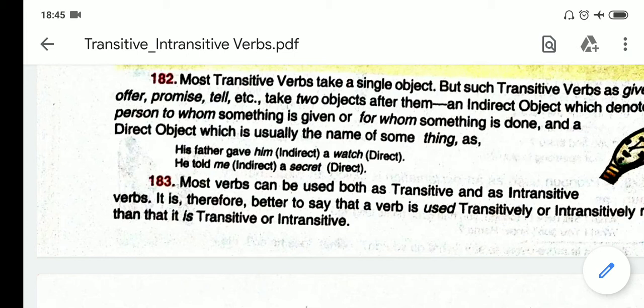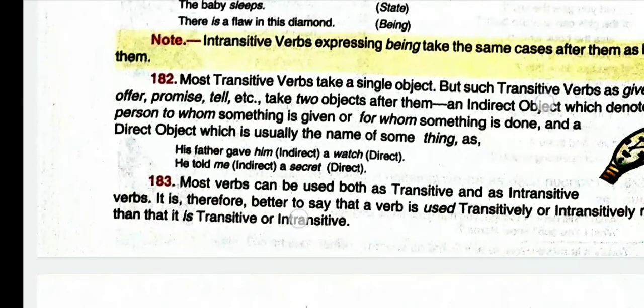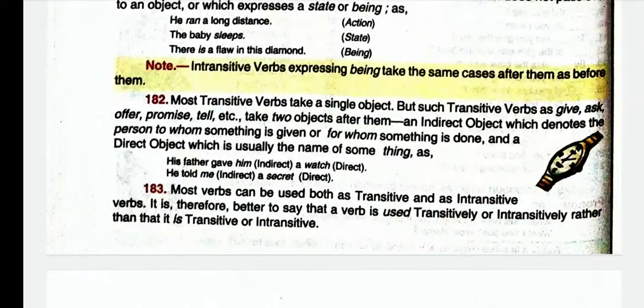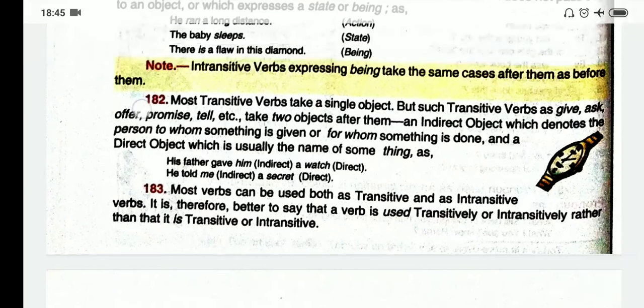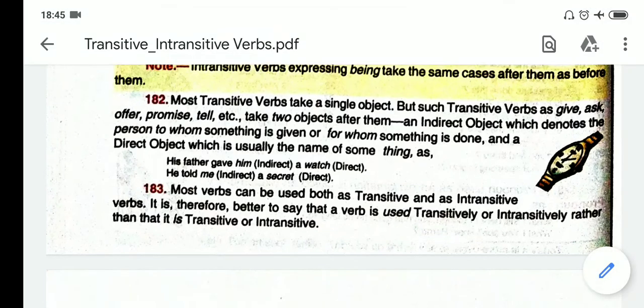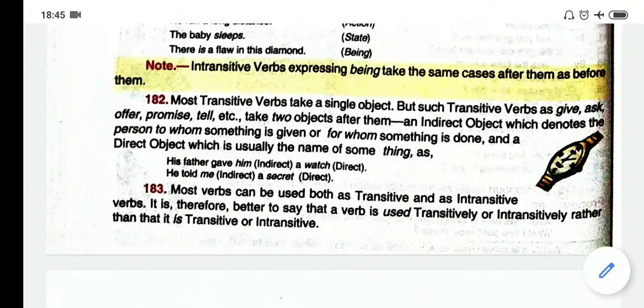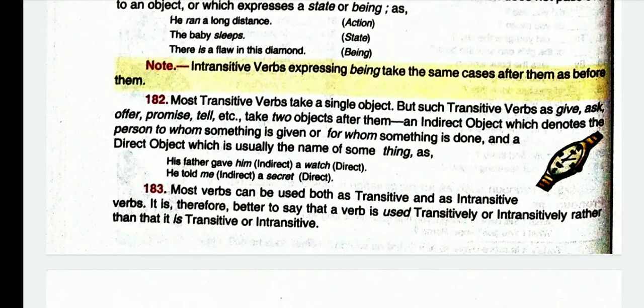There can be two objects, and the transitive verbs for which there can be two objects are give, ask, offer, promise, tell, and so on. His father gave him a watch. Watch is the thing, so it is the direct object.